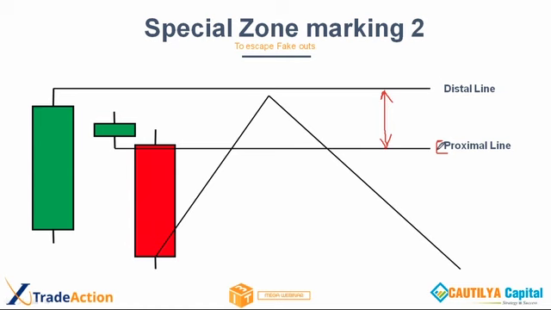I enter here, I exit here, and this is my risk. And 3 times of this, 1, 2, 3, is my target.